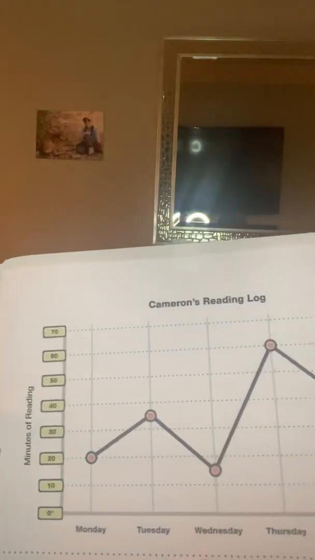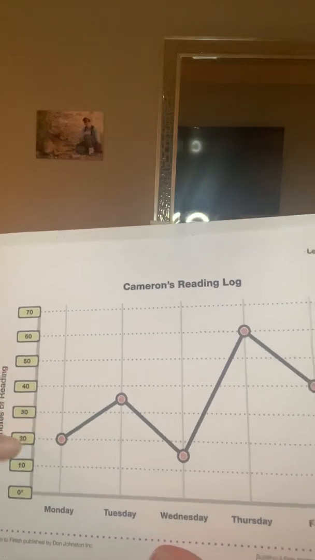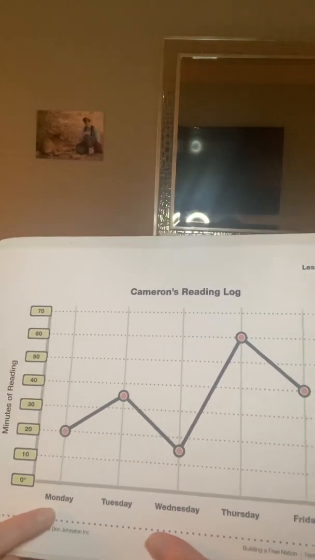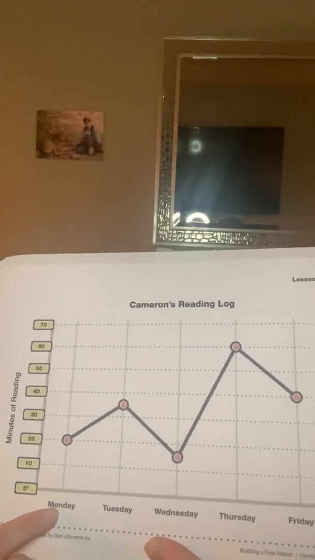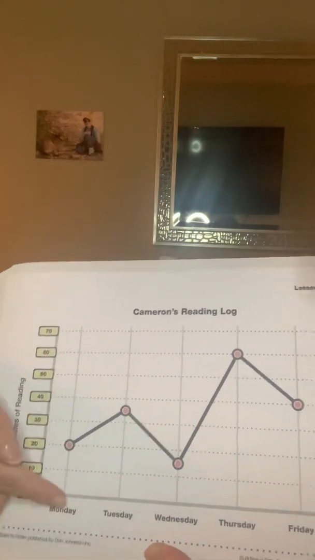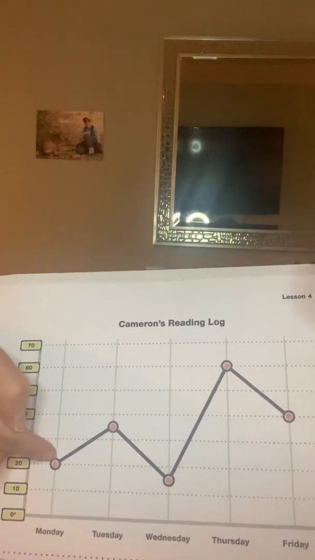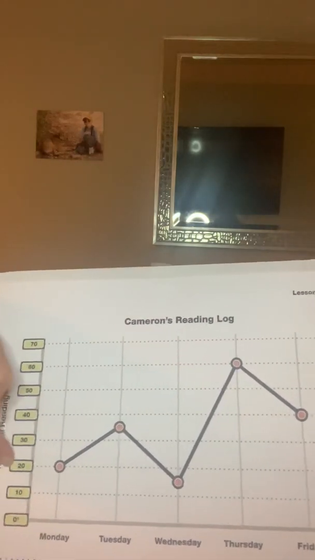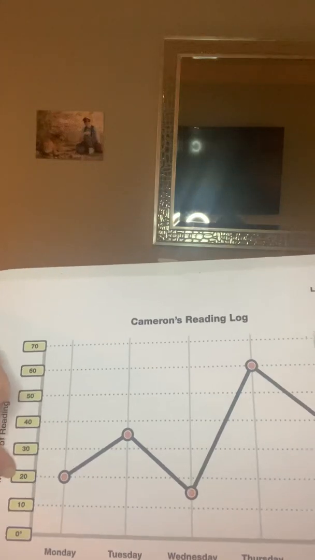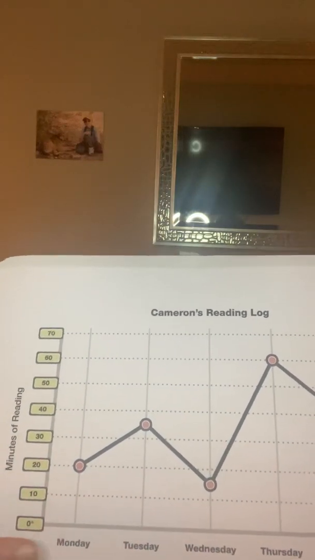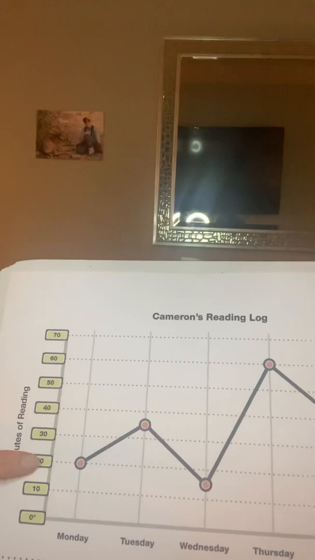So let's look at how we can read and understand this graph. We have the number of minutes, so I can start at the beginning, Monday. The first day is Monday, and I can follow the graph up to its point. And I see that on Monday, the point lines up with 20 minutes. So that means that on Monday, Cameron read for 20 minutes. Then I go to Tuesday.